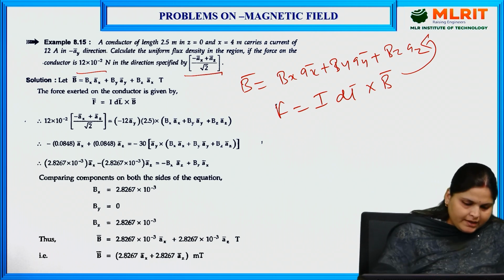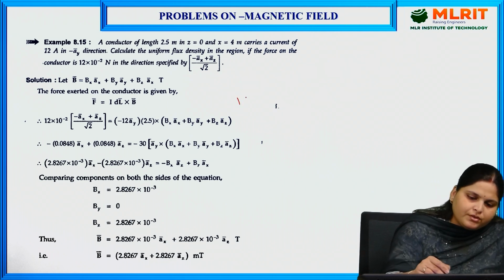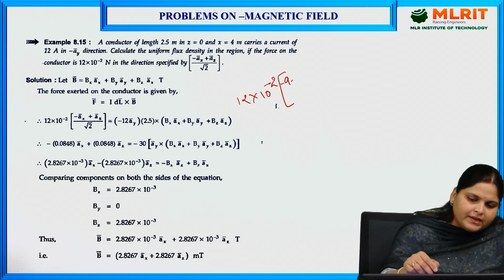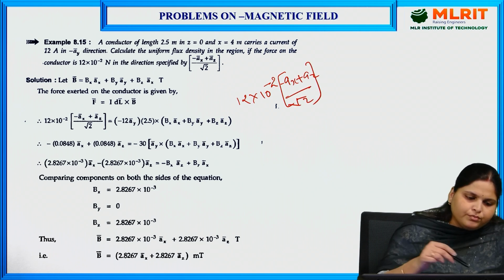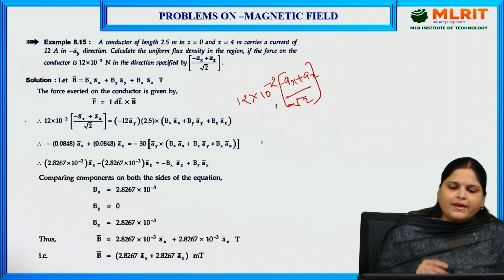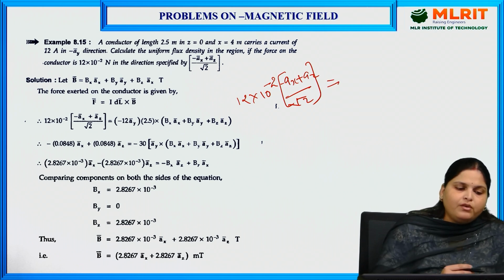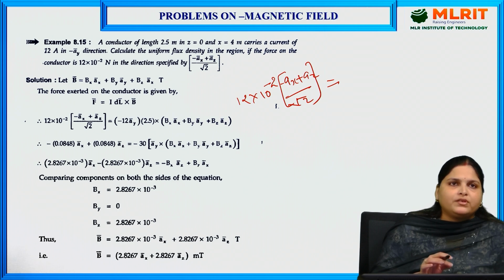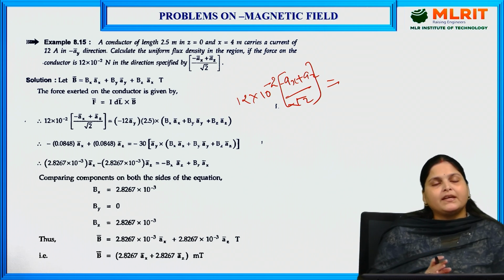So what we can write? We can write 12 into 10 to the power minus 2, which is the magnitude, and this is the direction. So we will write this complete equation divided by root 2. This is F is equals to, what is current I? Current I is given as 12 amperes and it is in the negative AY direction.